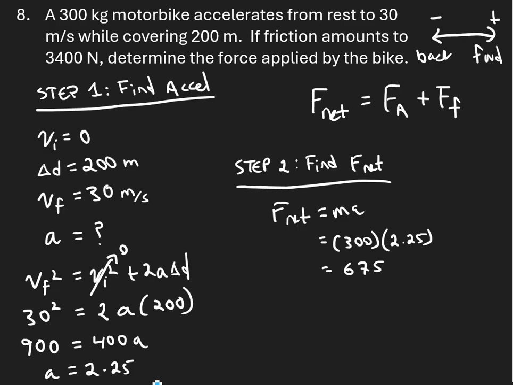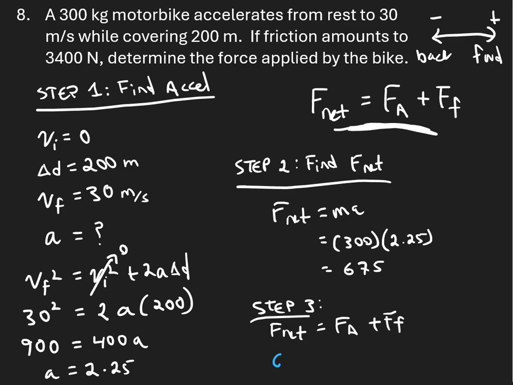Let's go back to this original force statement that we had here. So we're going to call this our step 3. Here we go. We're going to say our net force is the applied force plus the force of friction. Our net force we calculated was 675.